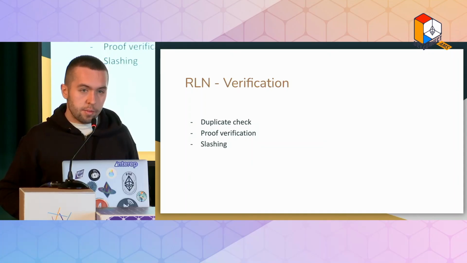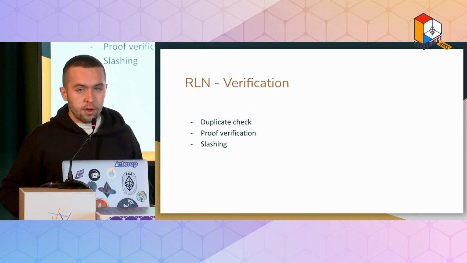Then the next step is proof verification. If the proof is invalid, the message should also be discarded. But if the proof is valid and the XY shares are different for the same external nullifier and internal nullifier, that means the user has breached the spam protection rules, and we can reconstruct their secret.